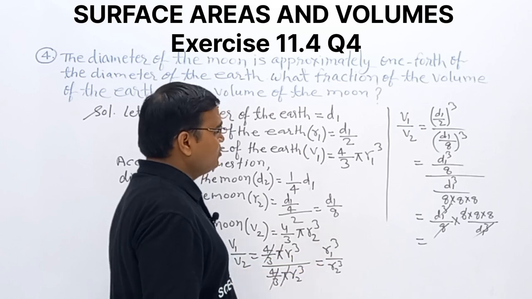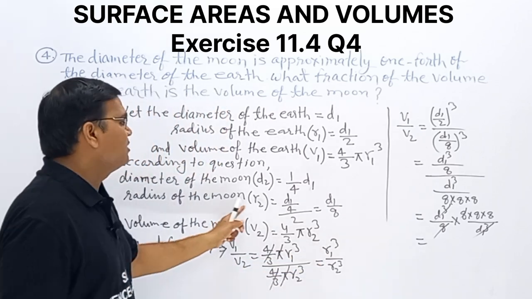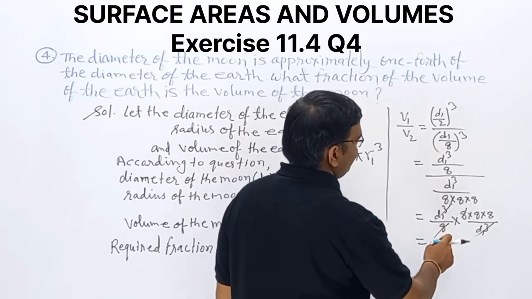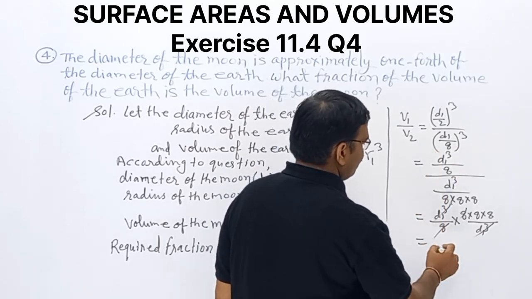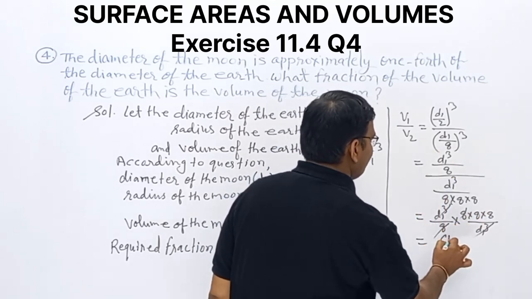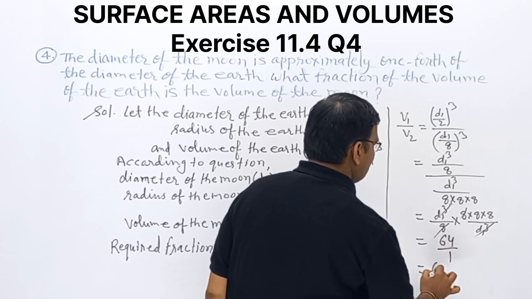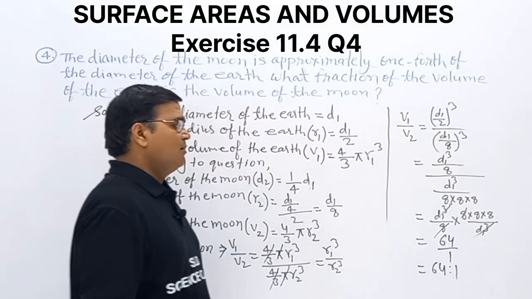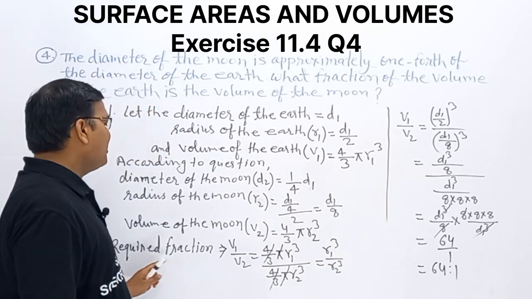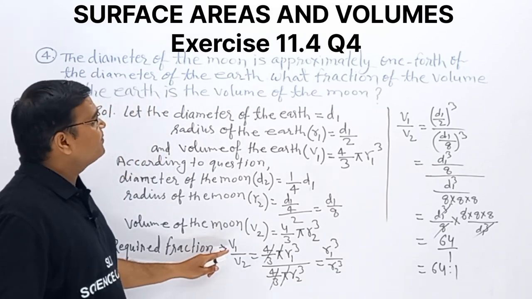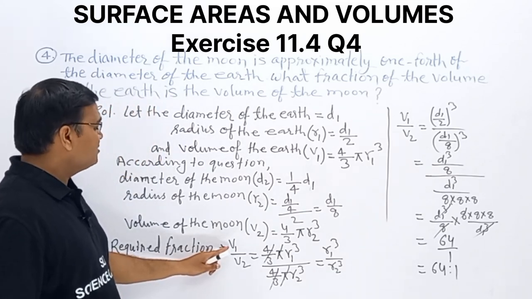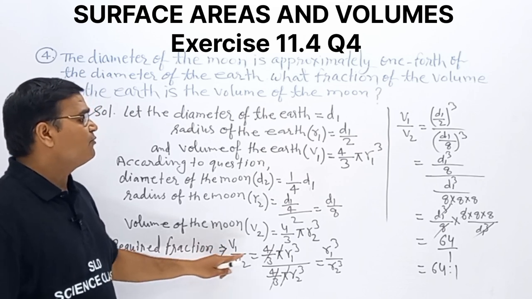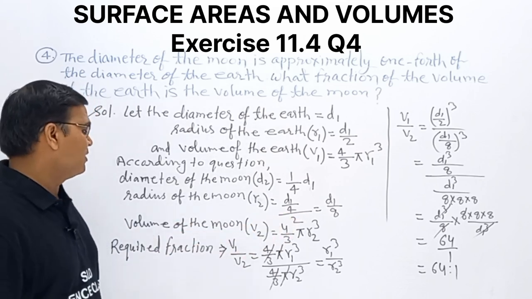Clear? And r2, the radius of the moon, is d1 by 8. So solving, we get 8 eights are 64 upon 1. So the required ratio will be 64 is to 1. This is the required fraction.